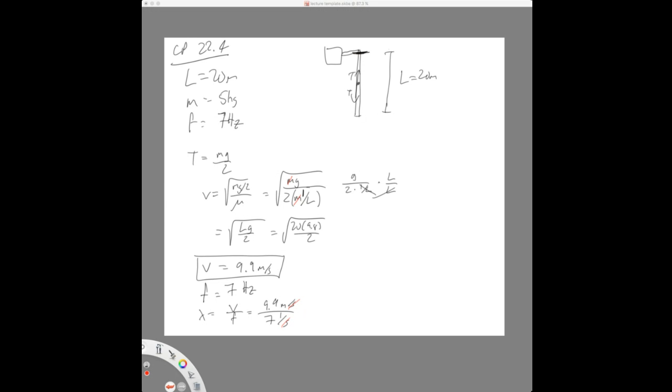And so the wavelength is going to be just 1.4 meters. Okay. Any questions?